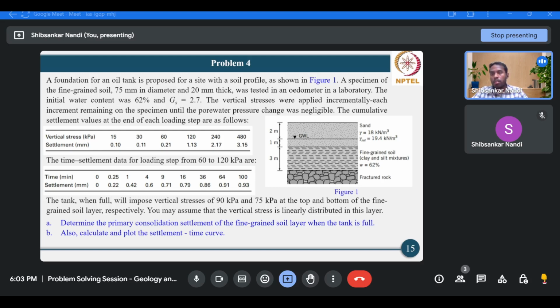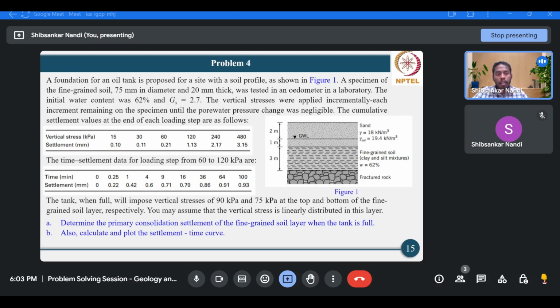A foundation for an oil tank is proposed for a site with a soil profile as shown in the figure. So this is the soil profile. From this soil profile, we can see there are three layers of soil. The first or topmost layer is sand, and within this sand layer, the groundwater table is located at a depth of 2 meters from the top surface.